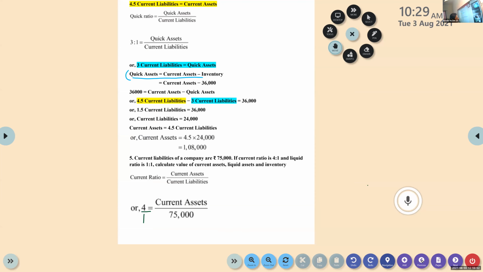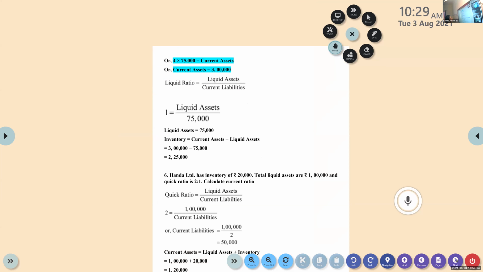Liquid ratio is 1:1. Okay. 1/1 is equal to liquid assets divided by 75,000. So how much is liquid assets? 1 into 75,000. You get liquid assets as 75,000.